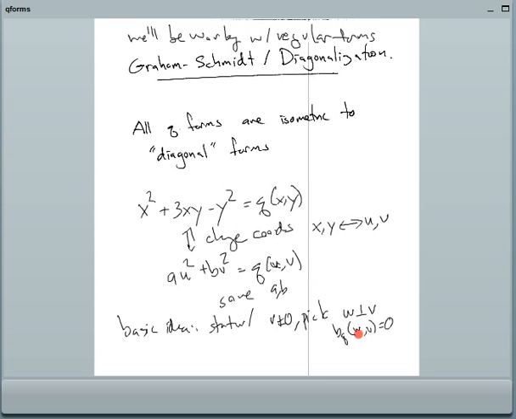Well, if I look at B of blank comma v, this is a homomorphism from V to F. So this is from an n-dimensional vector space to a one-dimensional space.